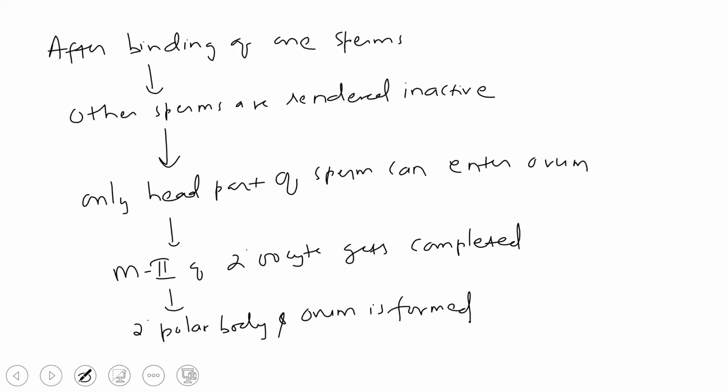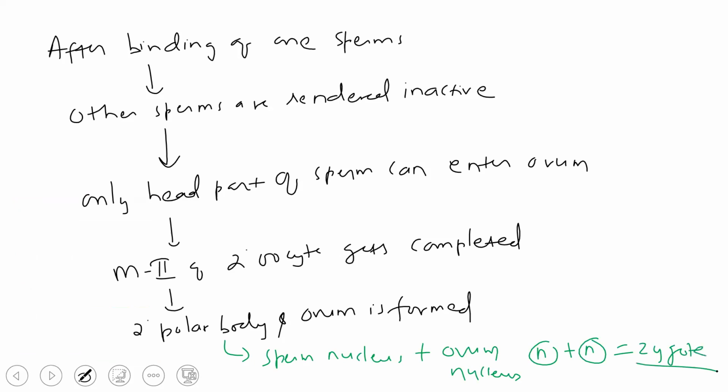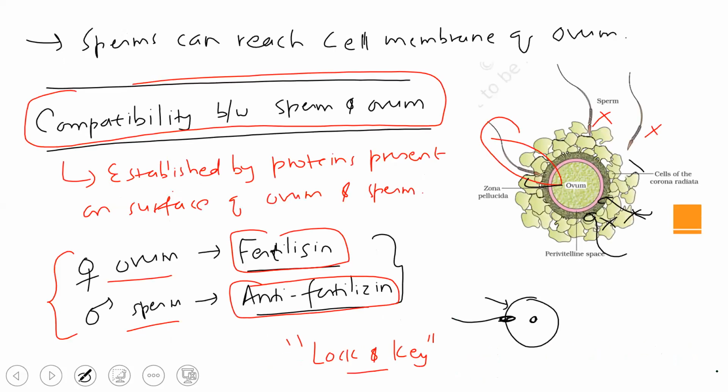Then ultimately there will be fusion of the sperm nucleus and the ovum nucleus. And then what will it form? Zygote. It will form a zygote. So this is what happens in fertilization.